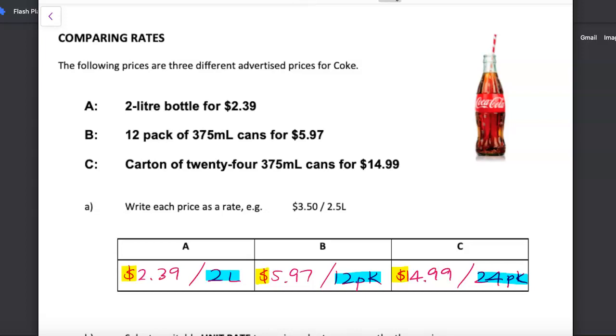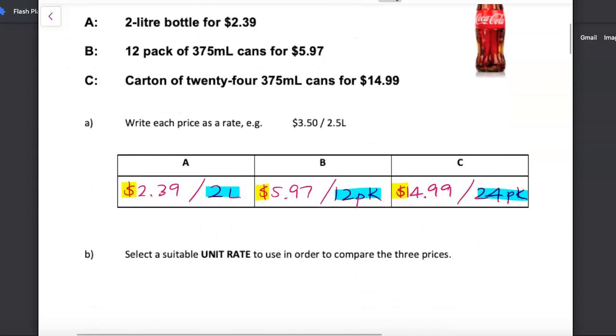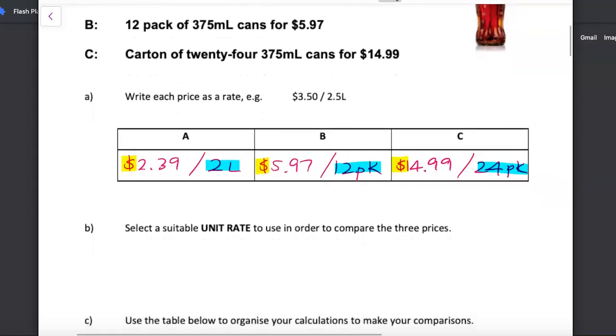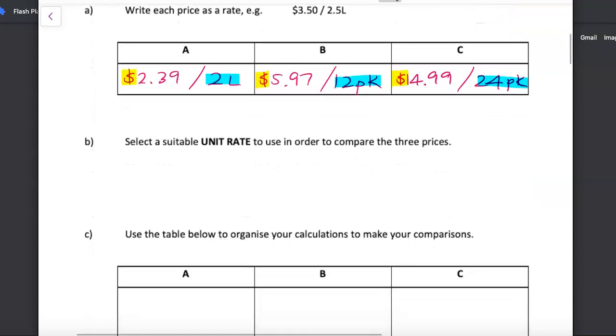So what I need to be able to do is change these rates to ensure that they're in the same unit so I can easily compare them. So I think the best rate that I can use is how many dollars per litre. And I'm going to say for 1 litre. And that's going to be our unit rate.